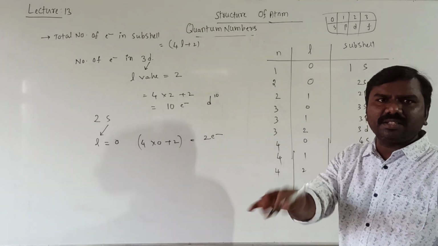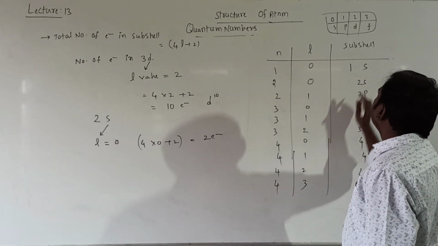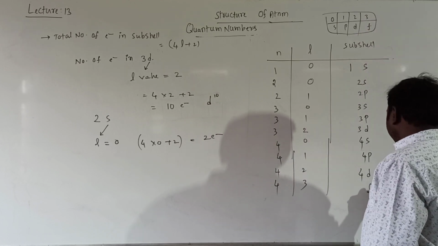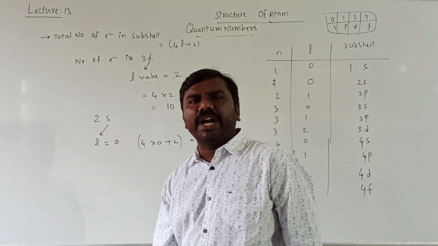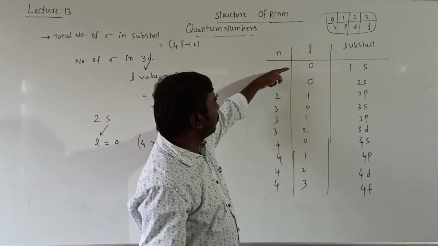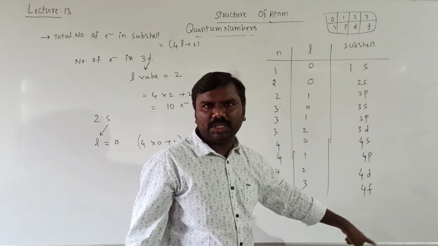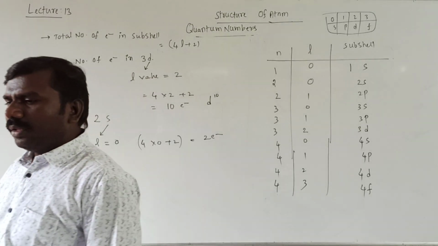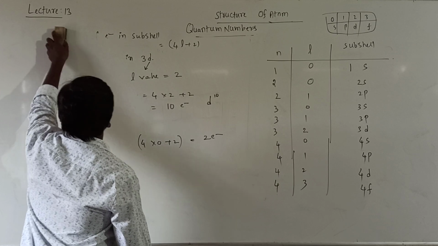Next, 4, 3, 3 means F, 4f. It means it is easy to find the value. So you just observe, n value is always greater than that of l values. It is a condition, remember. Next quantum number is the magnetic quantum number.